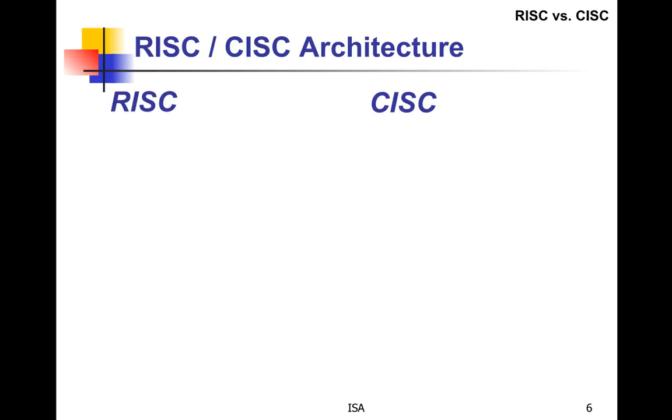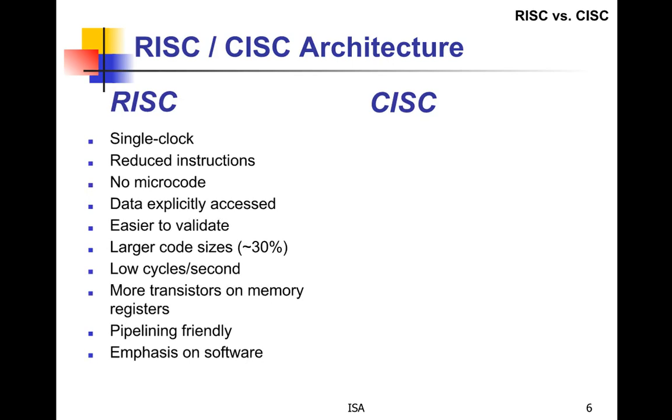So then there's another way of classifying processors, and this classification has to do with the instruction set. There's the complex instruction set, CISC, and the reduced instruction set, RISC. The CISC is a little bit older than RISC, and so what are the differences between these two instruction sets? The RISC is run on a single clock. It has a reduced number of instructions.